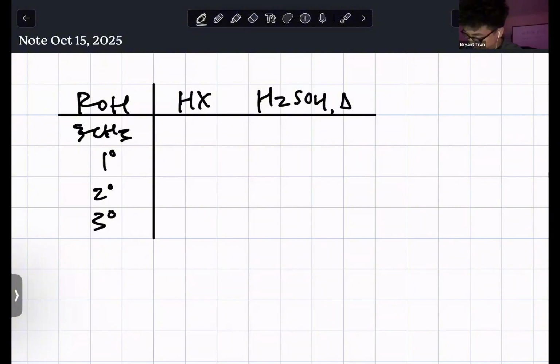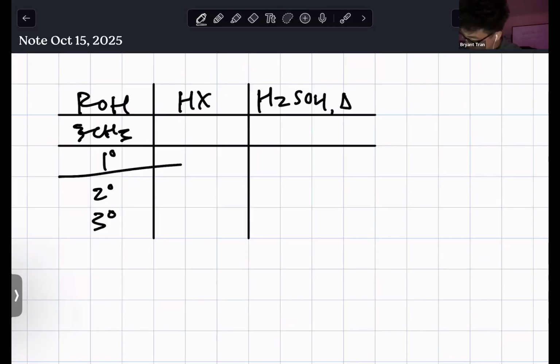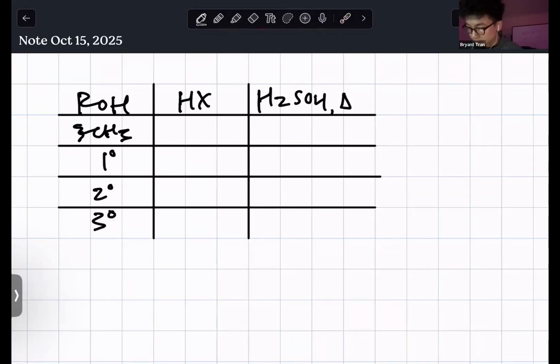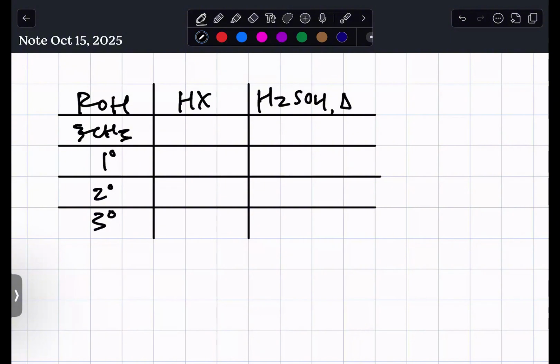So now I'm going to separate this chart into SN1, SN2 reactions. So here, in SN1 reactions, there's a carbocation intermediate. Right? And carbocations have to be stable to exist.